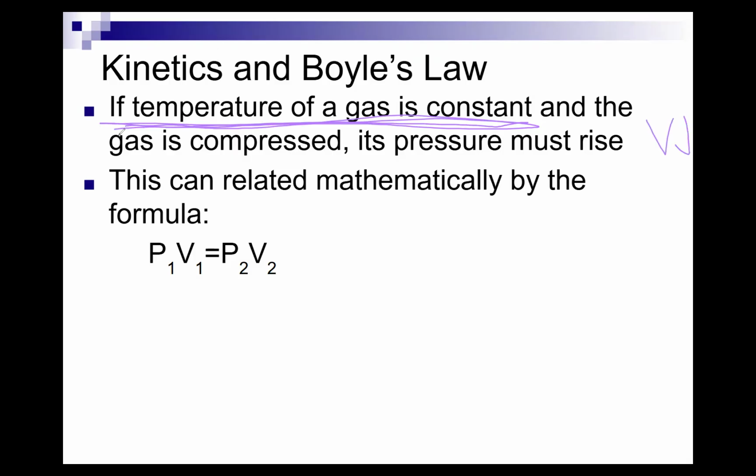So if we decrease the volume by compressing it, its pressure is going to increase. He developed a mathematical formula for this: P1V1 equals P2V2. You will need to know this.